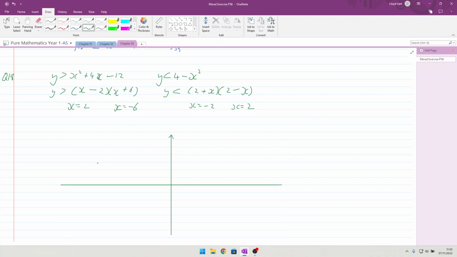Label up your axes. X, Y, coming across the 2, so we don't need to go very far across on the x's. 1, 2, 3, 4, 5. Minus 1, 2, 3, 4, 5, 6.